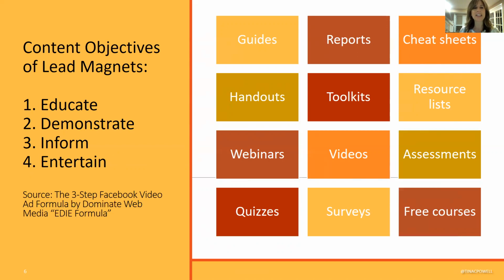Before you think about that lead magnet, is it going to be used to educate, demonstrate, inform, or entertain? As soon as you answer that question first, in addition to knowing your customer avatar, and I encourage you to listen to that episode of 6 Minute Saturday as well, you really want to marry the avatar with the objective, with the different forms for your content, which you see here.